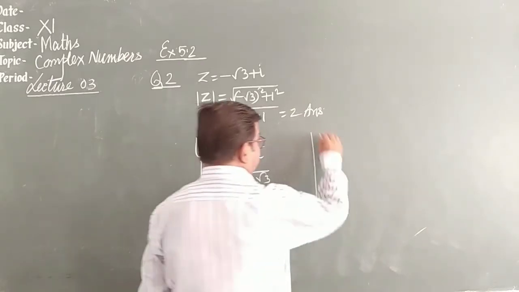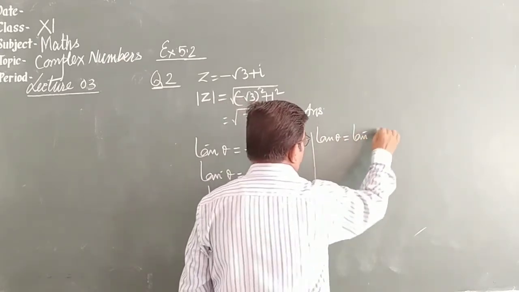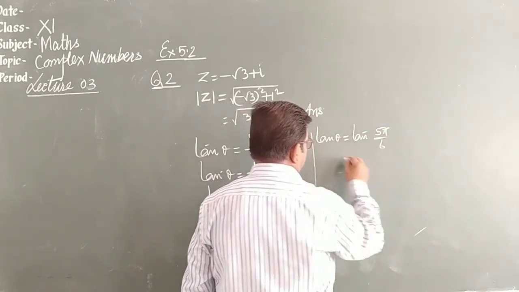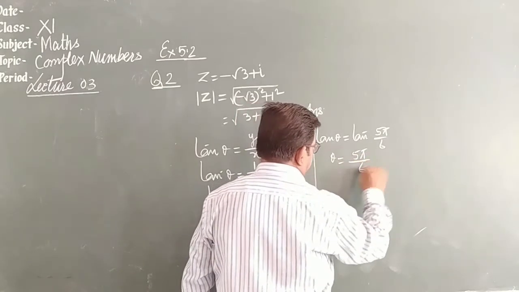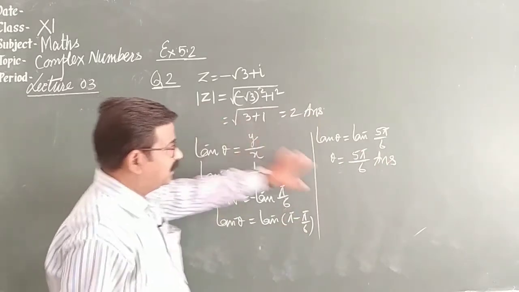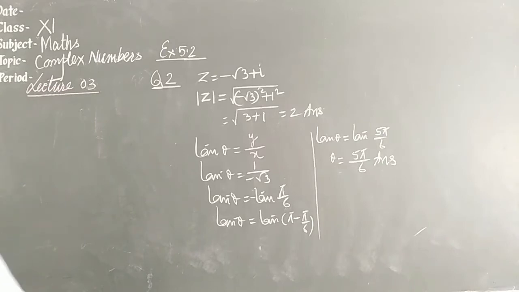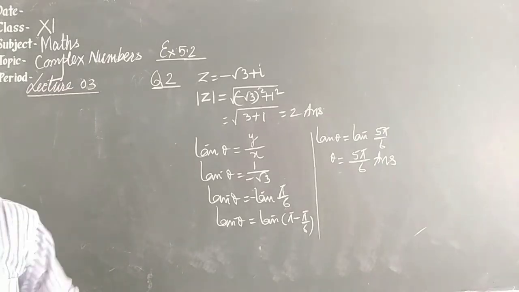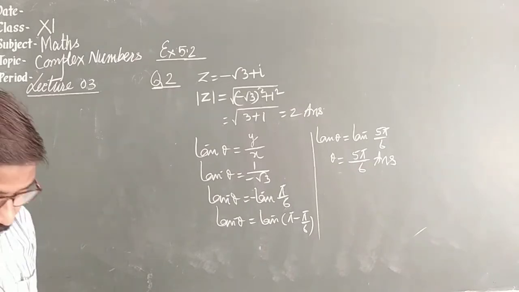So tan theta is equal to tan 5 pi by 6. So theta is equal to 5 pi by 6 is the answer. This is the modulus and this one is the argument. Got it? Now questions number 3 to 8 are to convert into polar form.